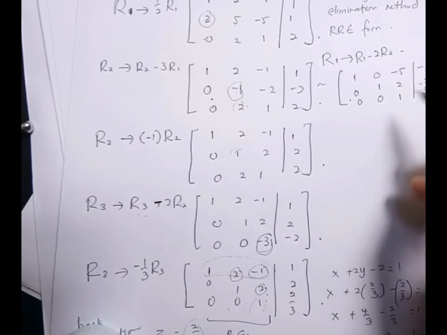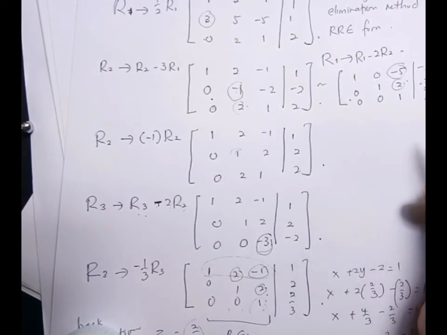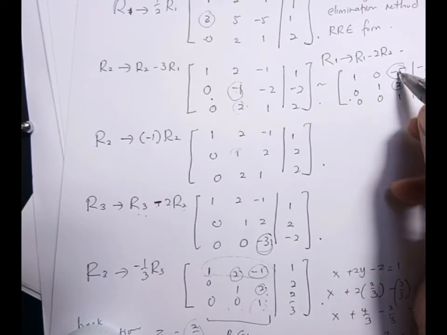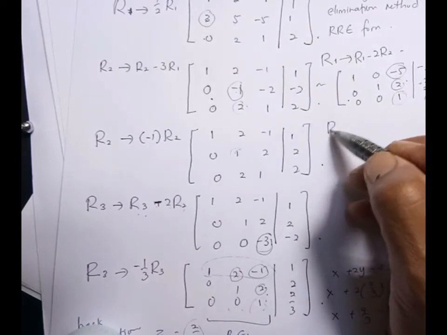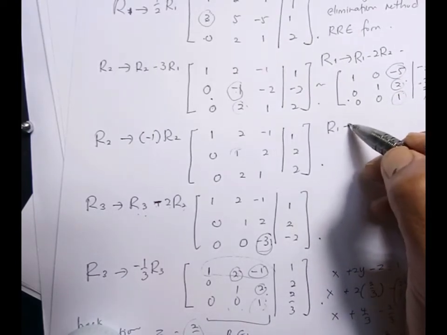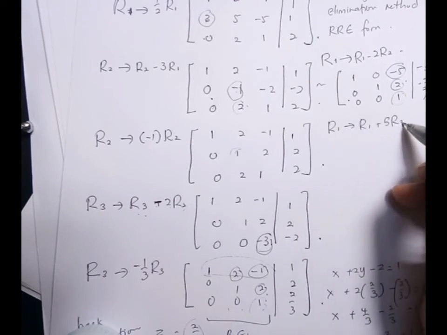Next, make this one 0 by doing the ERO on the leading entry here. Row 1 is row 1 plus 5 row 3.